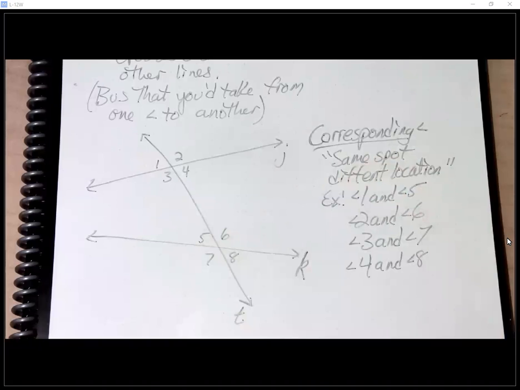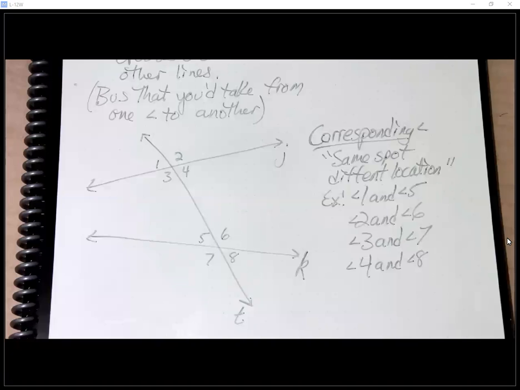Now, the next four are all kind of set up the same way. They have two words, and I'm going to go through how you figure out which word goes where, okay? So, let's see, how should I do this? I think I'll list the four, and then we'll explain how you arrive at one versus another.